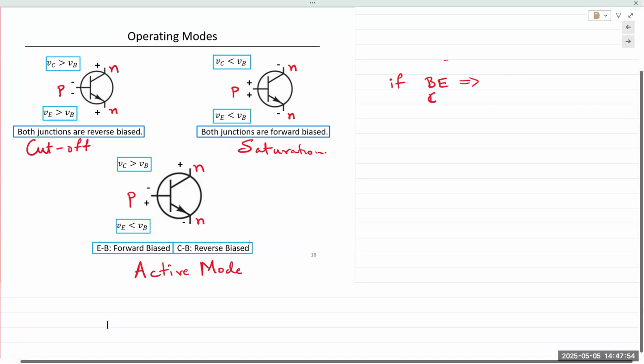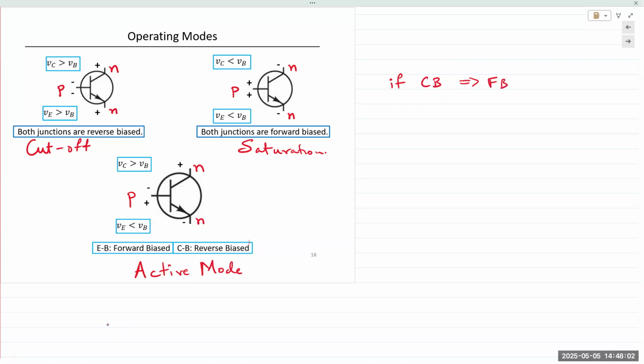Sorry, this is the other way around. If the collector base junction is forward bias and the base emitter junction is reverse bias, it is known as the reverse active mode. Essentially, all it does is ensure the transistor is off.